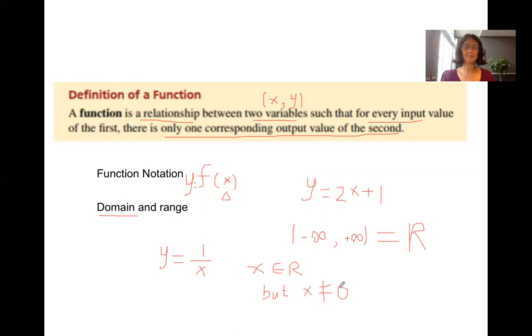And when you have x equal to any number but 0, y can be any number except 0. So the range is actually all the real numbers.